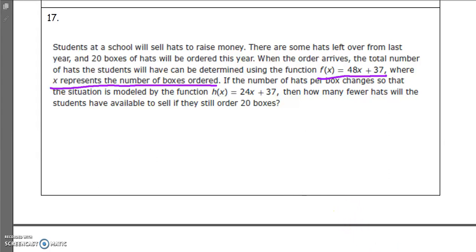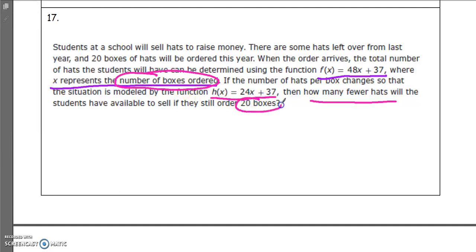If the number of hats per box changes so that the situation is modeled by the function h of x equals 24x plus 37, then how many fewer hats will the students have available to sell if they still order 20 boxes? So remember, the x is representing the number of boxes ordered. And how many boxes are they ordering?